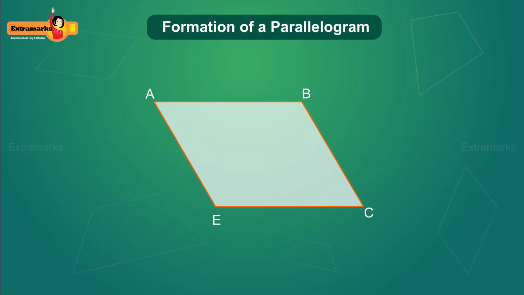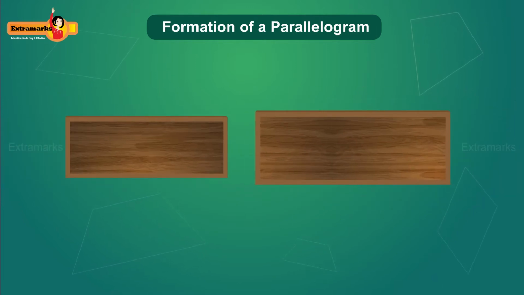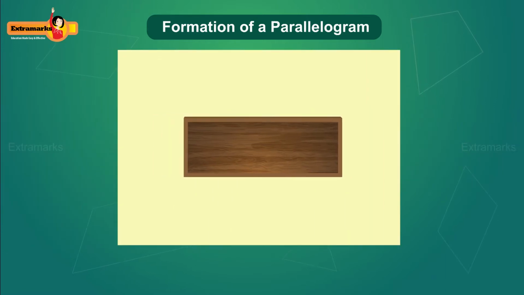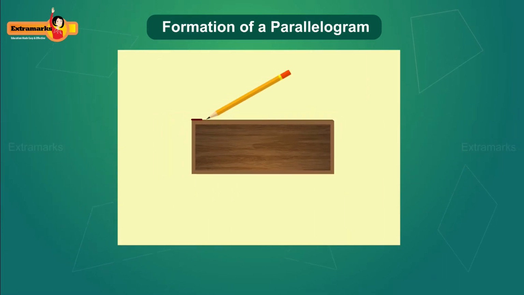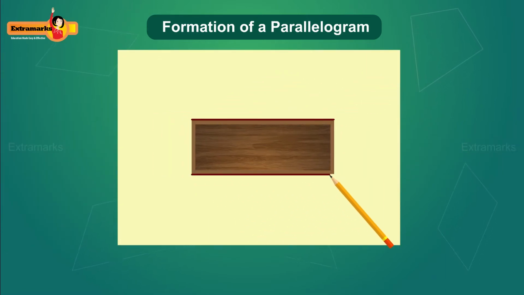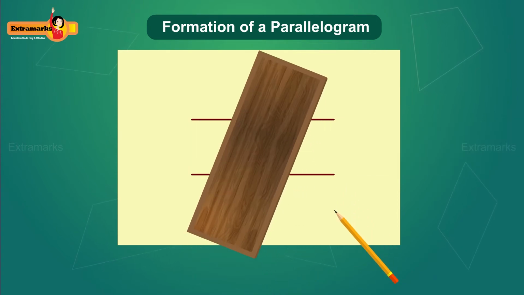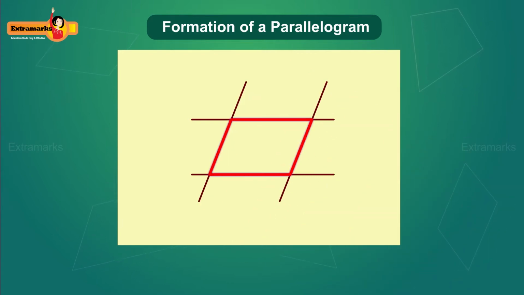Now we will obtain a parallelogram with the help of an activity using two different rectangular cardboard strips. First, place one strip horizontally on a sheet of paper and draw lines along its edges. Now place the other strip in slant position over the lines drawn and draw two more lines along its edges. These four lines enclose a quadrilateral.